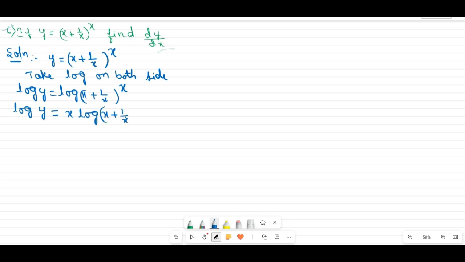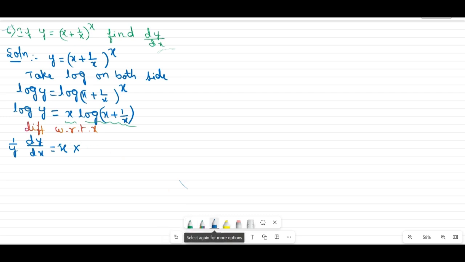Now I will differentiate with respect to x. After differentiating, log y derivative is 1 by y dy by dx, equal to x into log of x plus 1 by x. Here u into v means x is the first function and log of x plus 1 by x is the second function. We must apply the product rule.